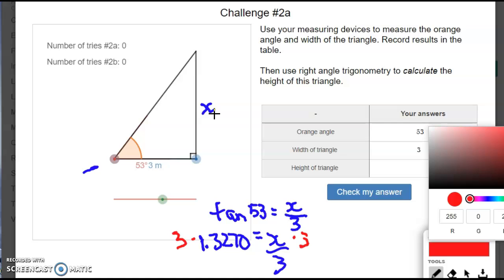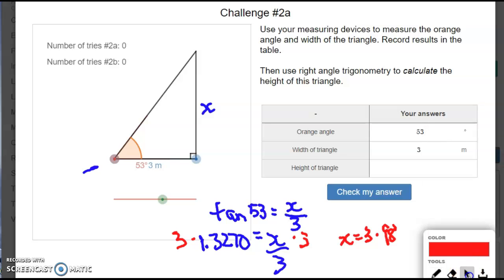So x is equal to 1.3270 times 3, which is 3.98. If I round it to the nearest meter, that will be 4. So I'm going to write 4 here. Then I'm going to click on check my answer and it looks correct.